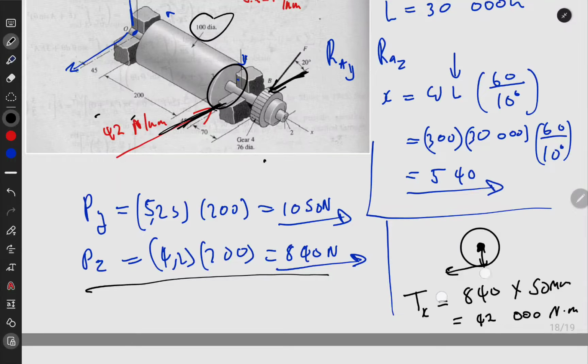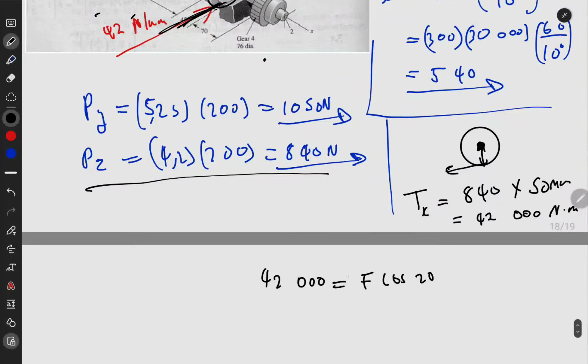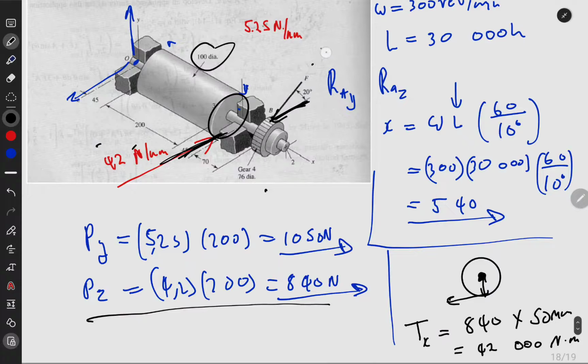If we halve it, we get 38. Then from here you can solve for F, dividing both sides, and we get the value of F to be 1176.2 newtons.